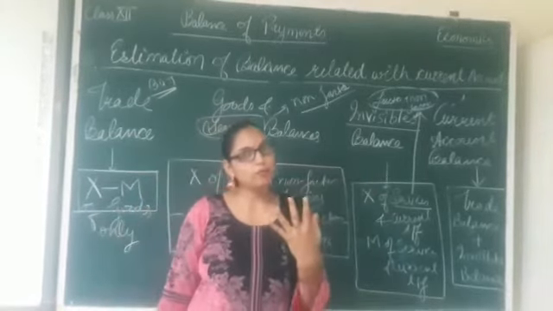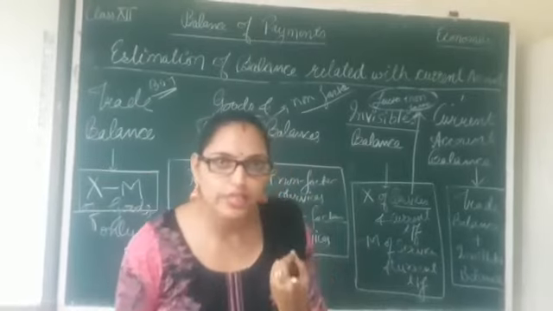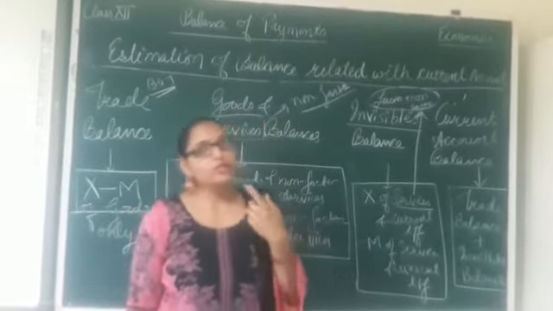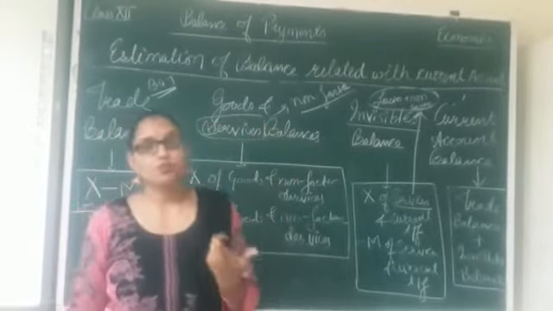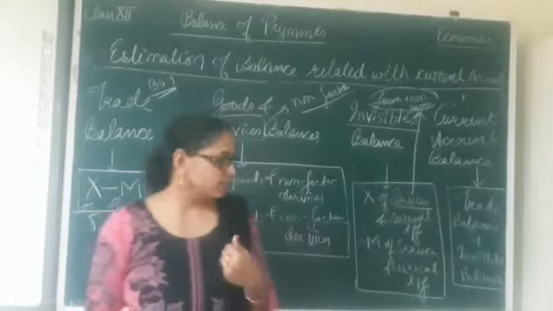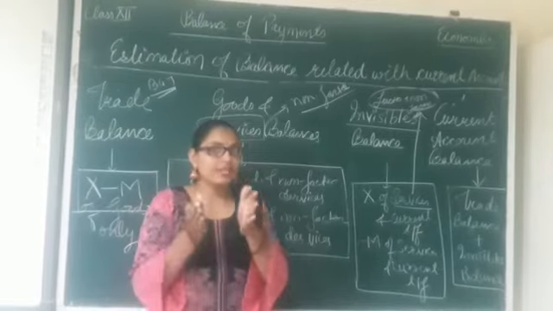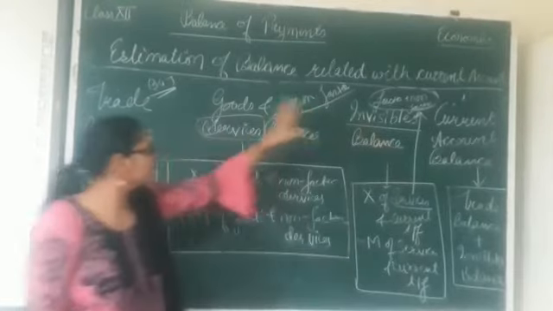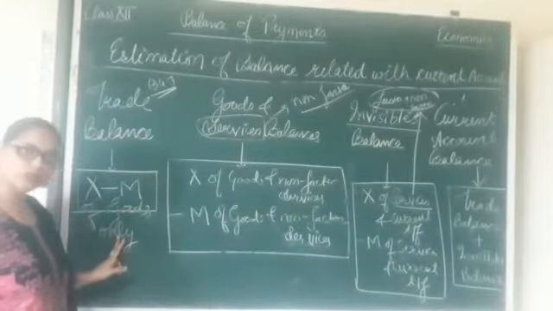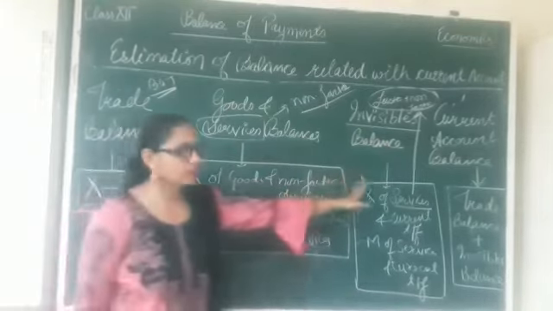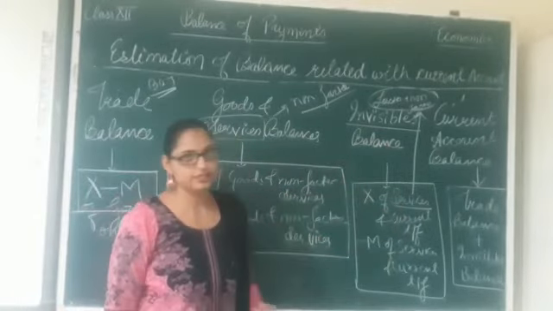Now we know three components are there. First is export and import of goods, second is export and import of services, and third is export and import of current transfers. Clear? So all these three have been dealt with, and the balances have been calculated. Here is the balance of goods, trade, and here is the invisible balance, meaning services and current transfers. Clear?